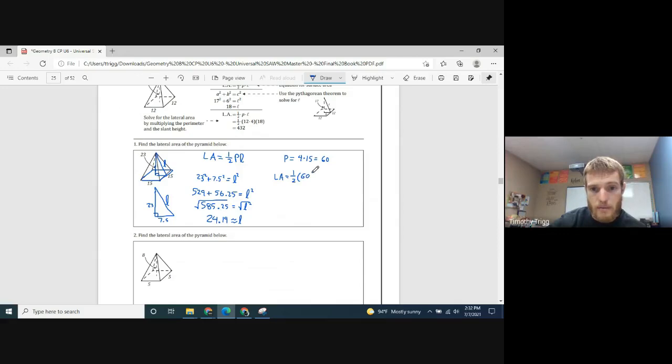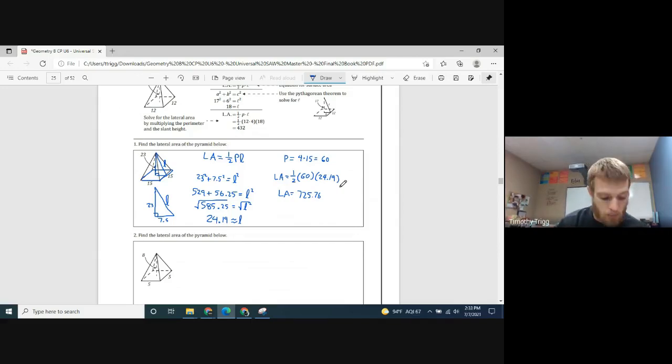That's the perimeter of the base, times the slant length, L, which is 24.19. Let's go ahead and multiply those together. That gives us that our lateral area equals 725.76.